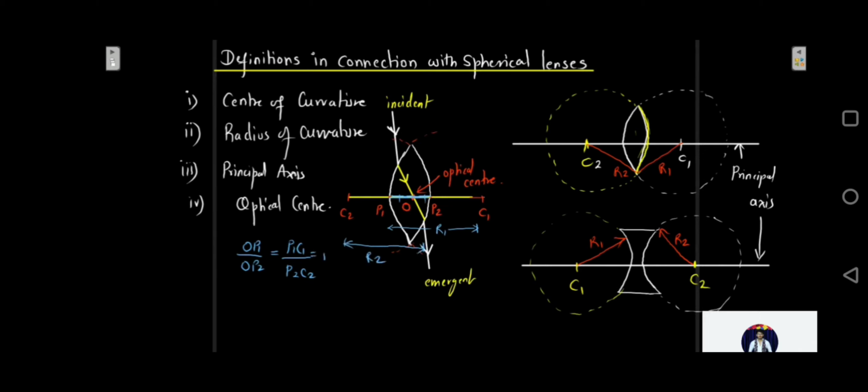It is going to be R1 upon R2. So the ratio in which the thickness of the lens is divided by the optical center is given by the ratio of the radii of curvature of this particular lens.